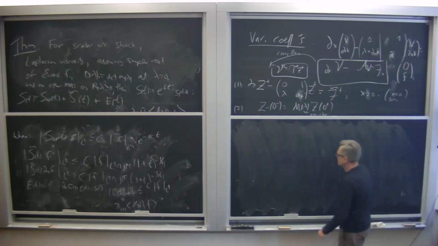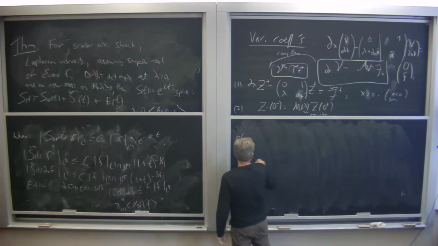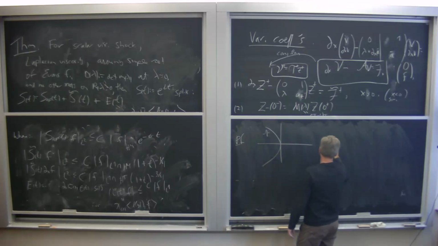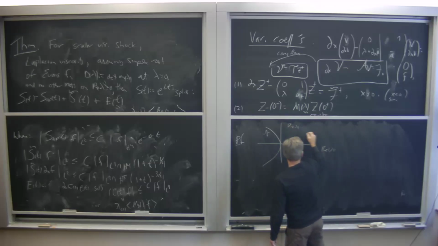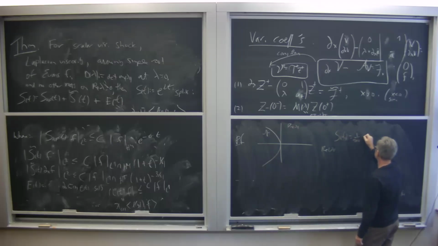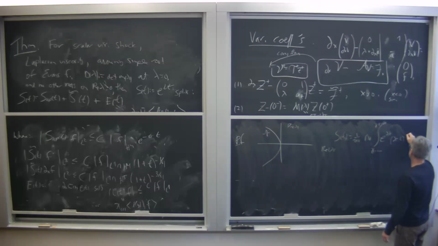Okay, so the proof. We start. We have S of t is 1 over 2 pi i, principal value of the integral from gamma minus i infinity to gamma plus i infinity of e to the lambda t, lambda minus L inverse, F, d lambda.